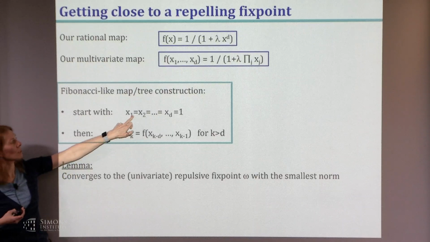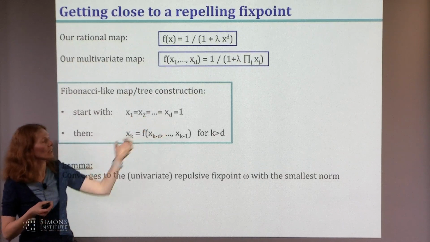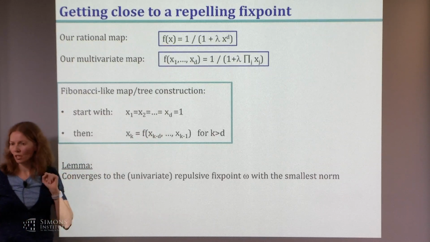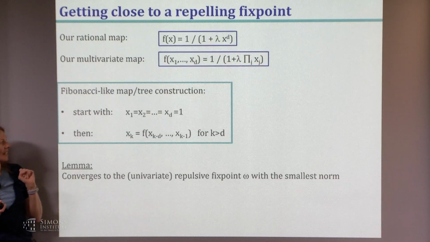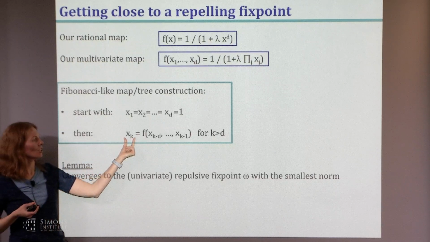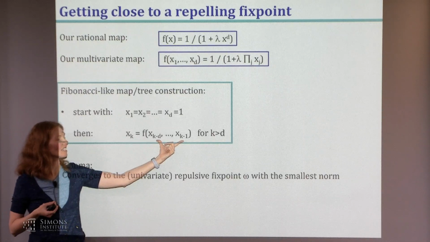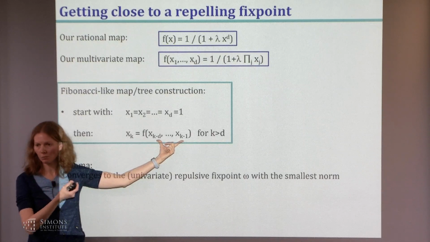Okay? So we start with some base cases. So our initial little trees are just little trees, or x is corresponding to 1. And what happens next? The next tree we are going to compute, or the next map, we are going to compute from the last d quantities we computed.